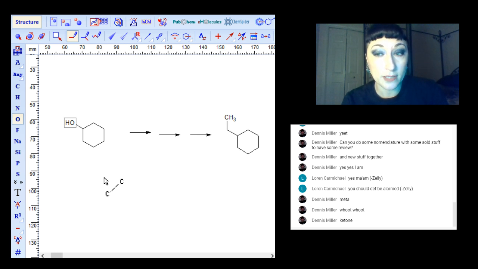The way I need you to look at that and think about it is, what am I doing? What am I adding? What am I getting rid of? So at some point we're getting rid of the alcohol, but the most important thing to notice is you're making a carbon-carbon bond, which means at some point you need to be doing some sort of reaction that will form carbon-carbon bonds. So you could do a Grignard reaction or a Wittig reaction.